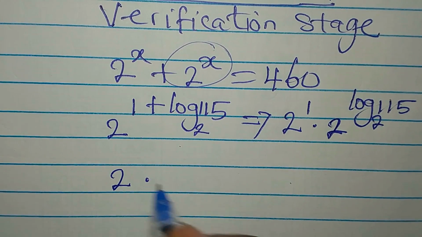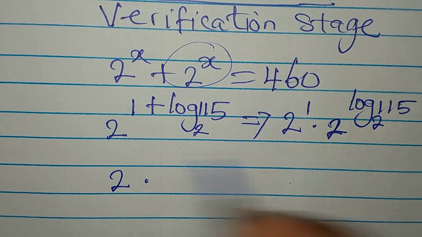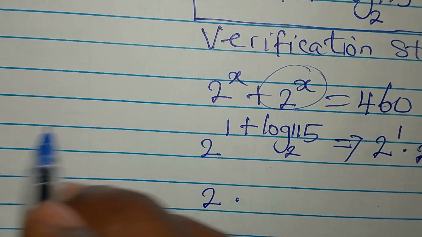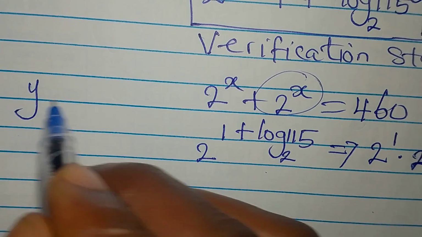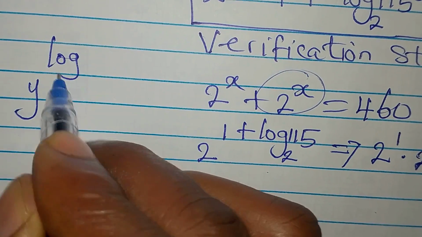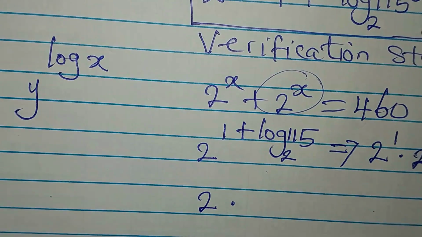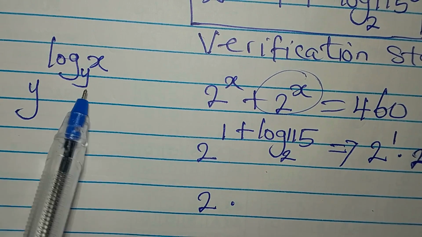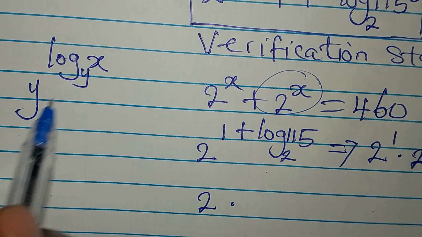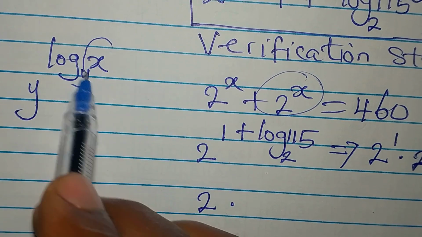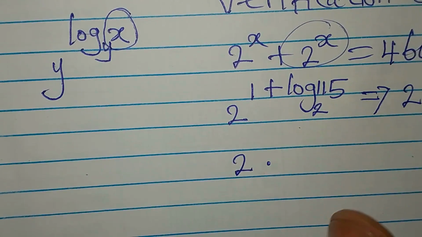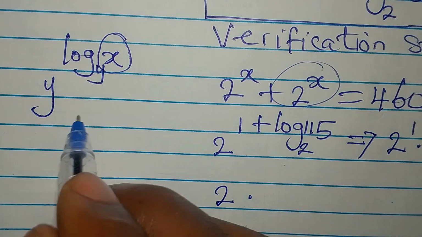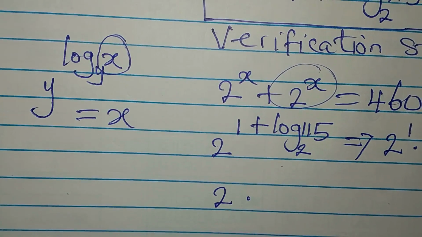Imagine that you have y to the power of log x to the base of y. This and this are going to nullify each other, so we pick x. So what we have here is just equal to x.